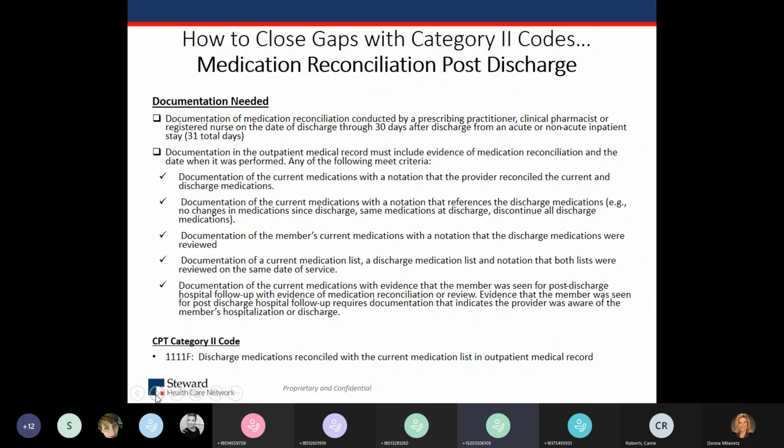Additionally, the documentation in the outpatient medical record must include evidence of the medication reconciliation and the date it was performed, as well as it needs to meet any of the criteria presented below. Next slide.